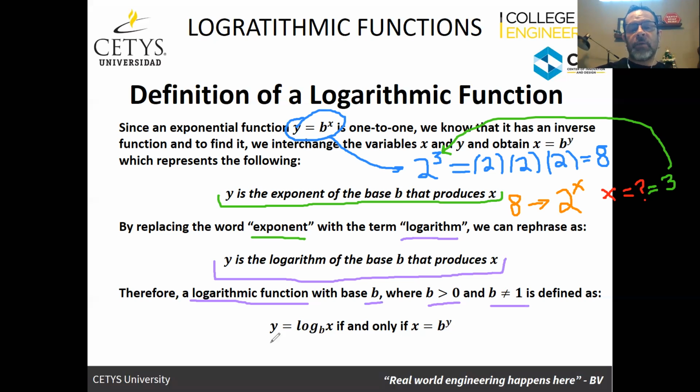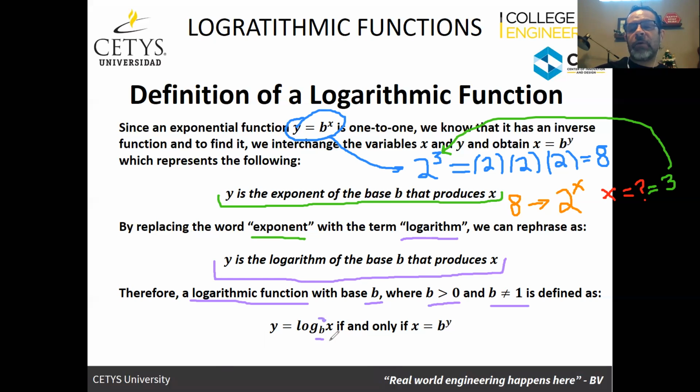So what does this mean? When we're looking at a logarithm, what is the number that I would need to elevate b to get x?